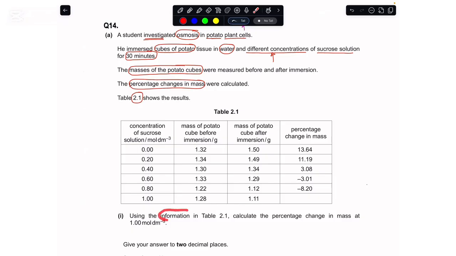Now they say, using the information in table 2.1, we are required to calculate the percentage change in mass at 1 mole per dm cube. You see we are given the value here, but the percentage change in mass is not available. So how would the formula go? This is the final, this is the initial. We subtract the initial from the final, divide the value by the initial, and multiply it by 100 to see the percentage change in mass.